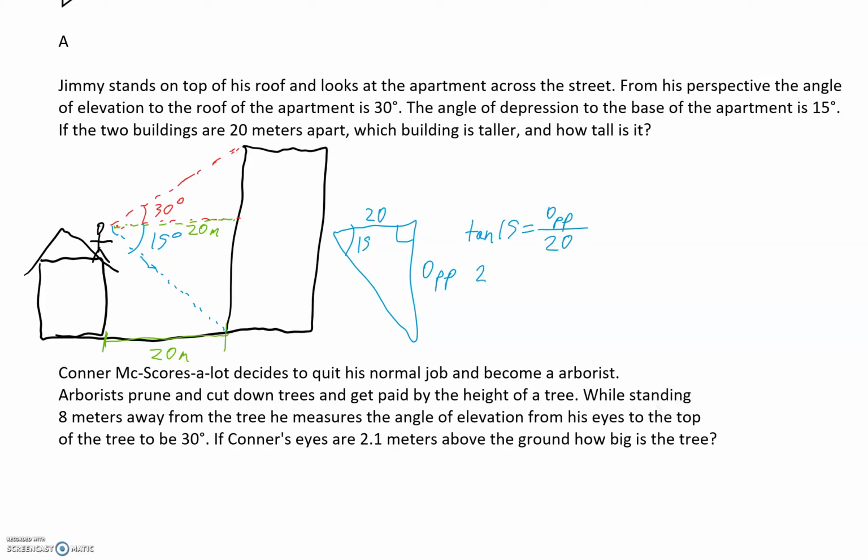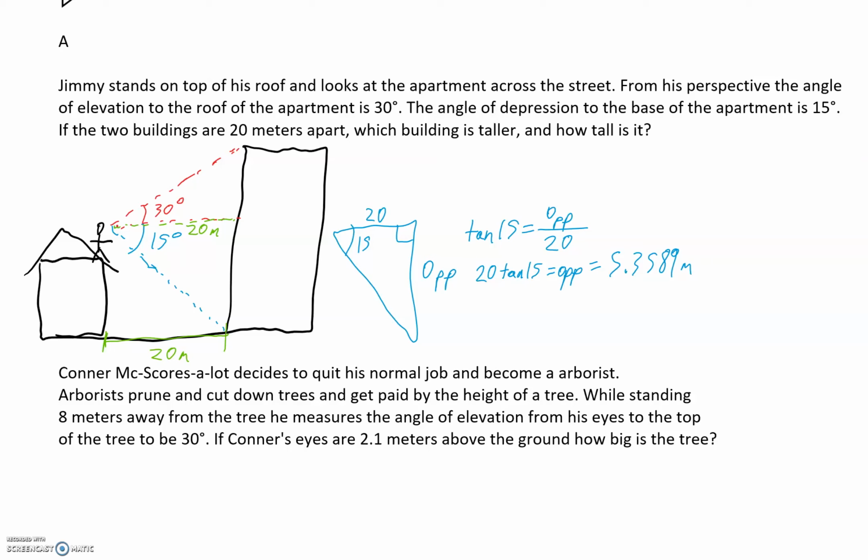Now we'll put the 20 onto the other side. So 20 tan 15 equals opposite. So opposite equals, I'm just plugging this into my calculator, 5.3589 meters.